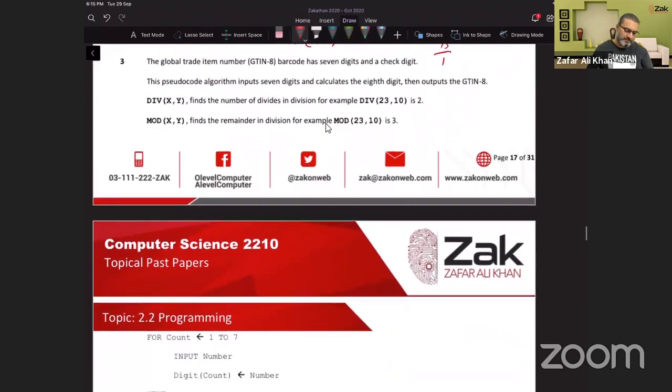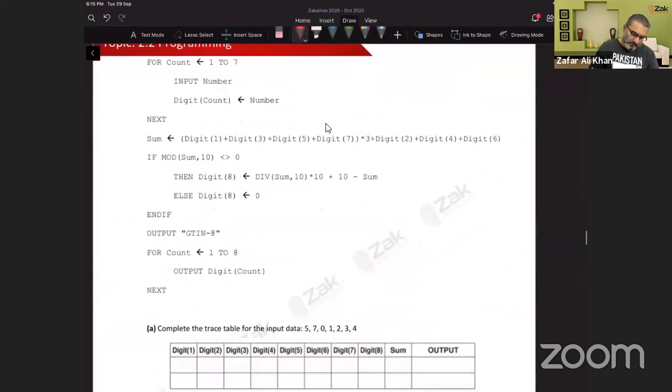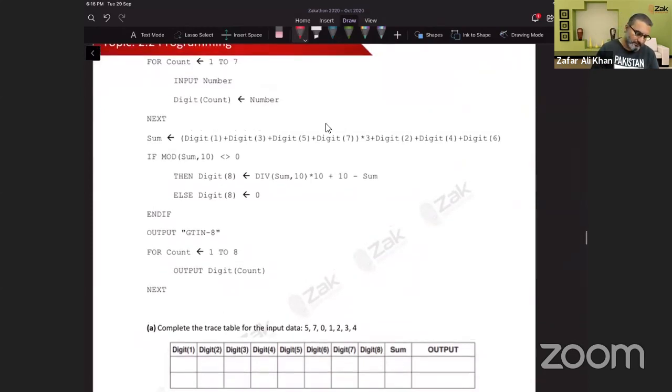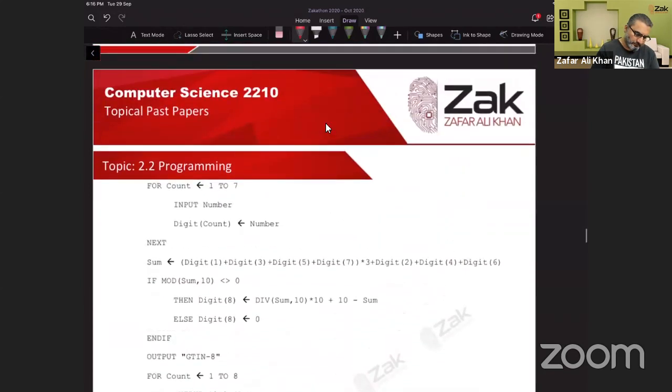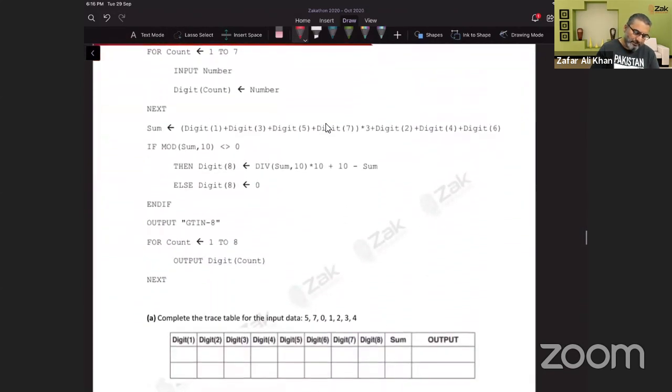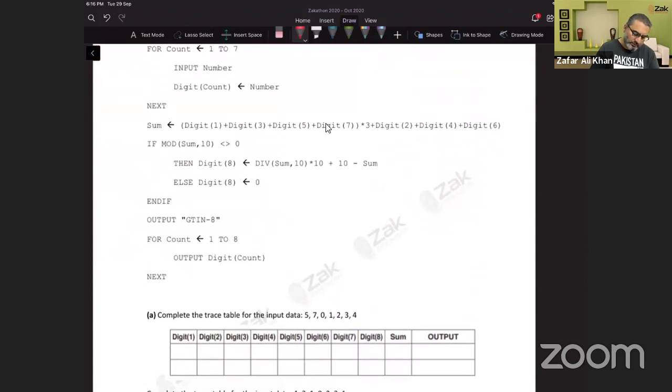So let's solve this. This is again with the help of arrays. For count is equal to 1 to 7, input number, digit count is equal to number. This is tracing now.